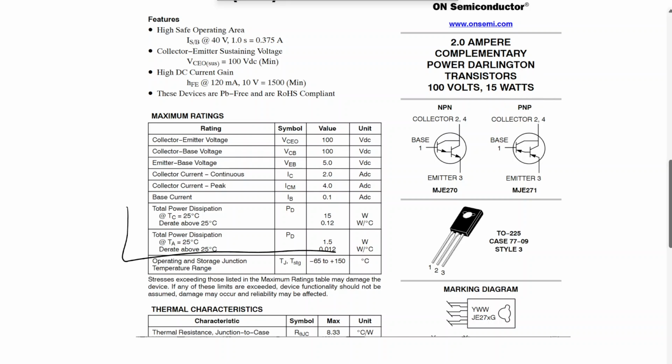So when you read the spec, be careful about what requirements need to be satisfied so that the transistor is not burned. Because for 15 watt, we need to make sure of the temperature of the collector at 25 C, so not the ambient temperature. So we need to be careful that a proper heatsink is there. But if a proper heatsink is there, then this Darlington transistor can tolerate 15 watt.